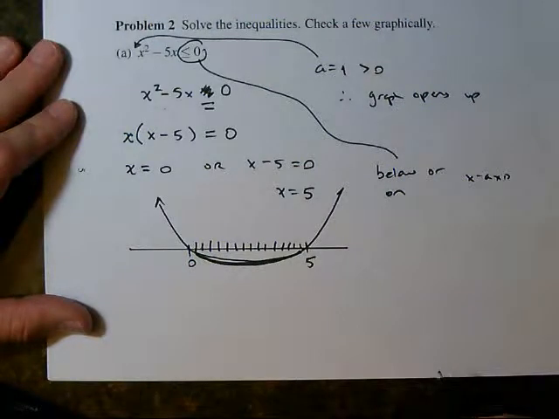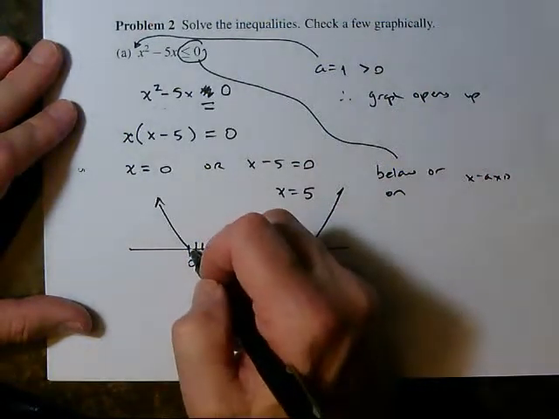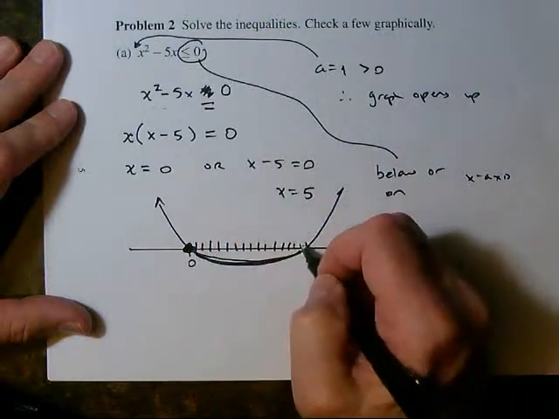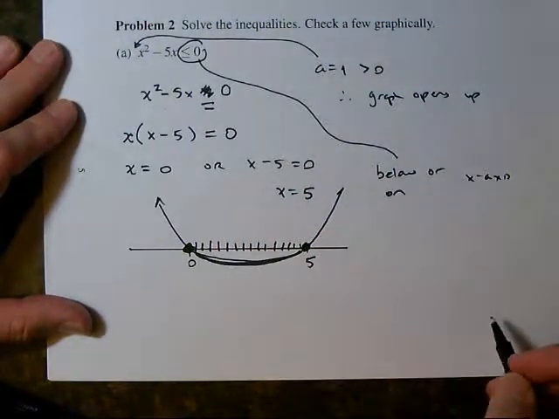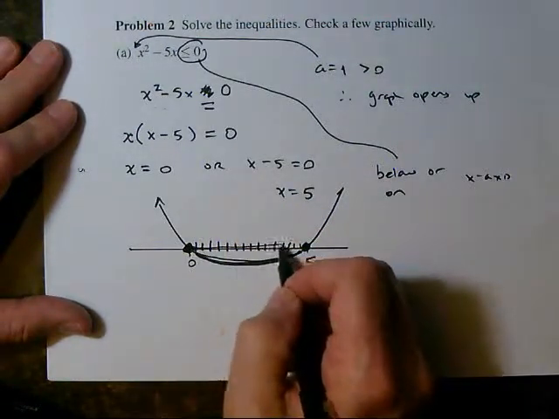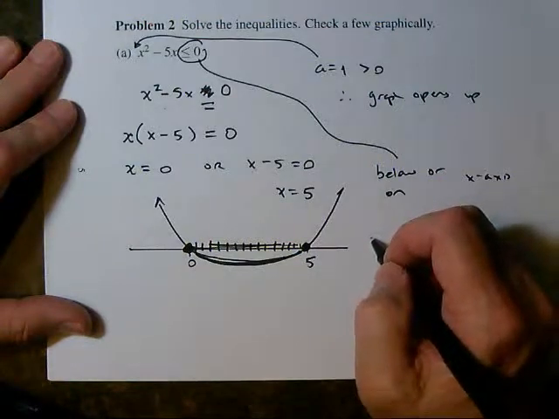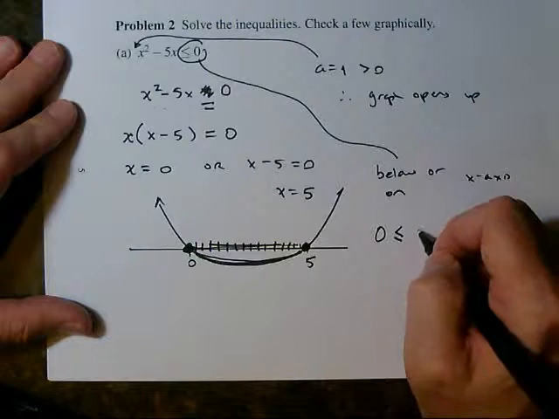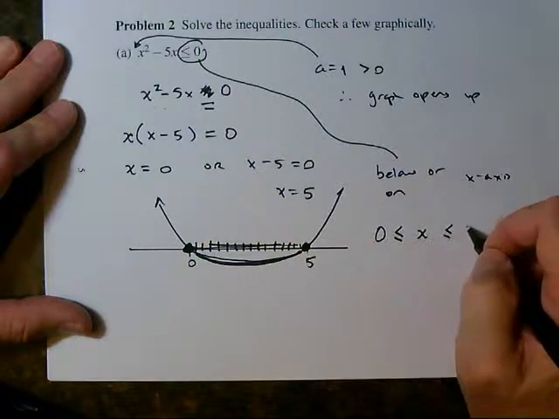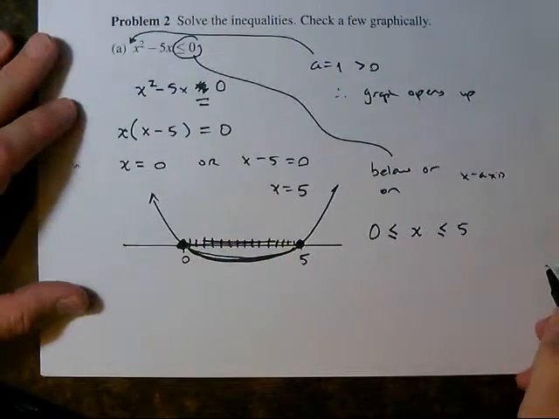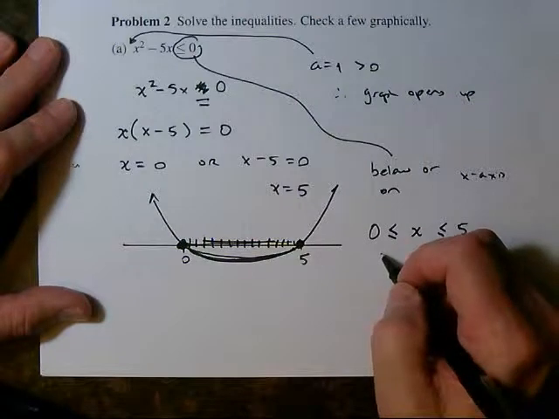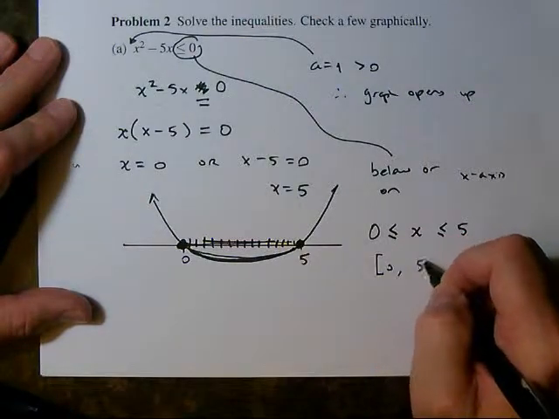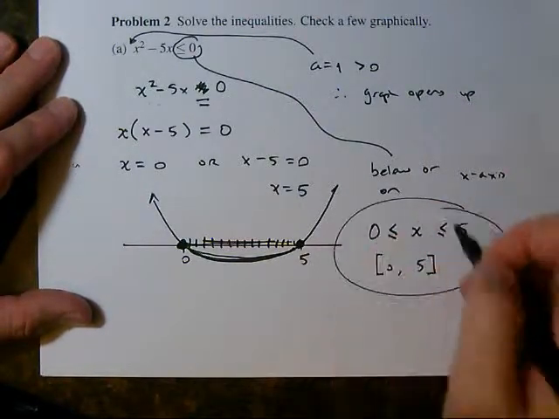Your solution will live in the x-axis. We can be on the x-axis, so the two x-intercepts are part of the solution, and then everything in between. So, therefore, we can say 0 is less than or equal to x, which is less than or equal to 5, if you want to write it as a continued inequality. Or you can write it as [0, 5] in interval notation. So either one of those solves.